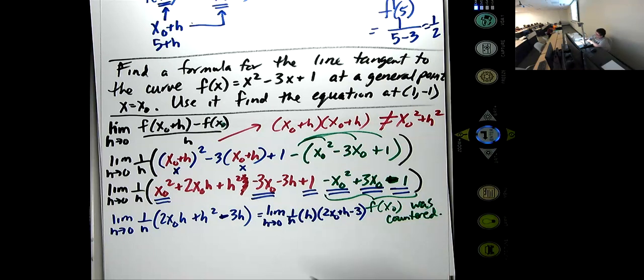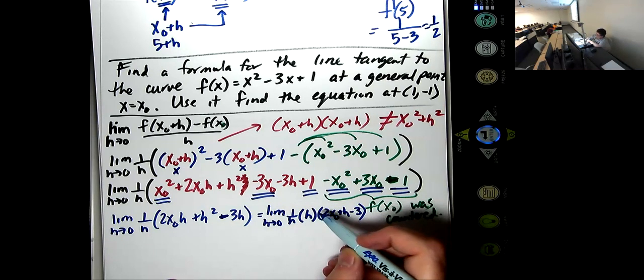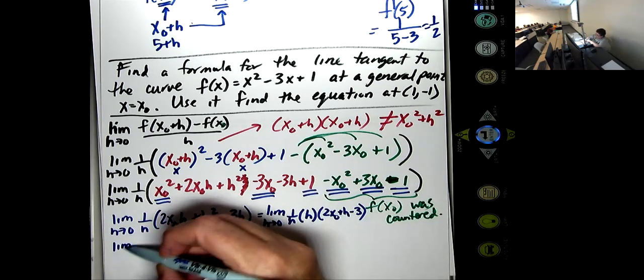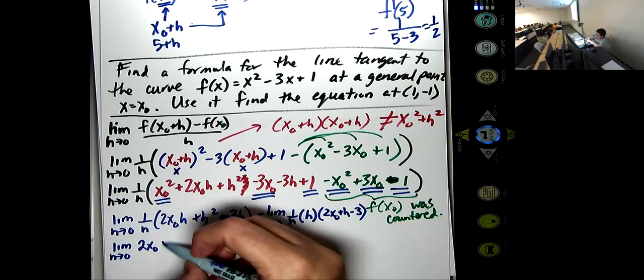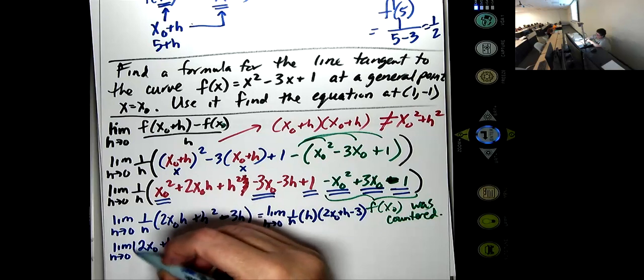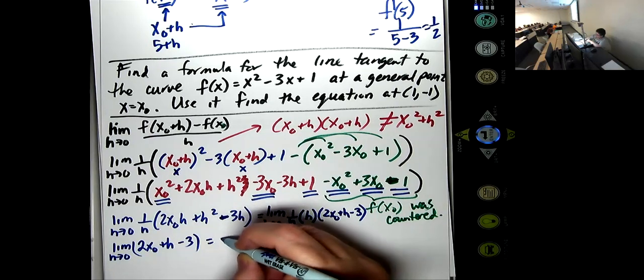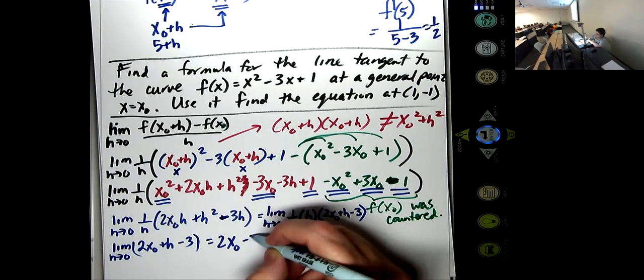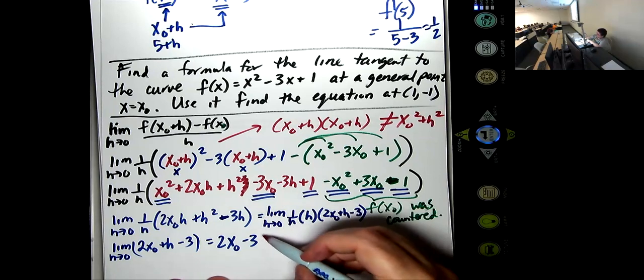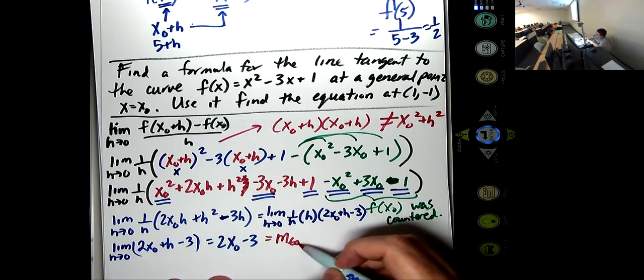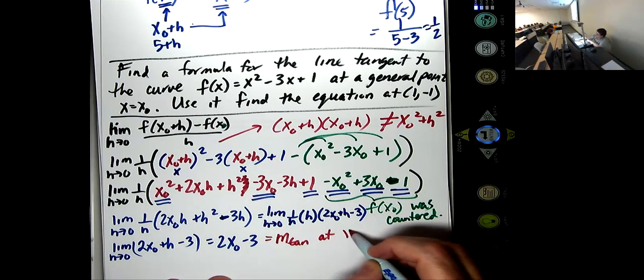And so the 1 over h and h cancel. We're left with the limit as h approaches 0 of 2x naught plus h minus 3. And we're going to see that equals 2x naught minus 3. And this is the slope of the tangent line at x naught.